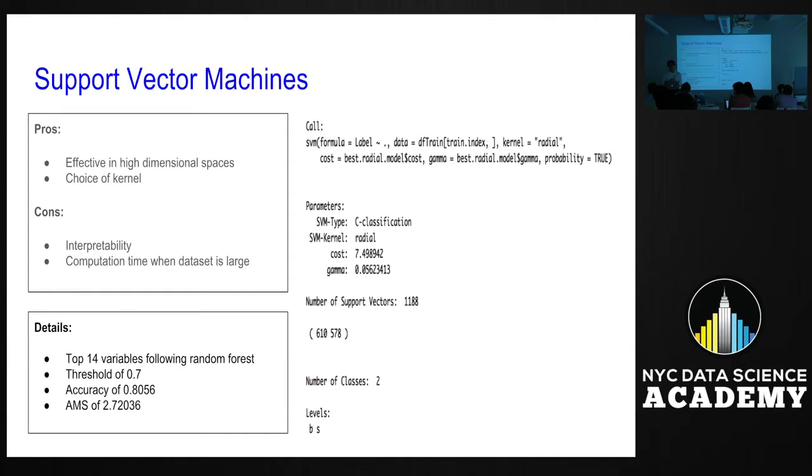So when we ran our SVM on the data set, we tried to incorporate the results from the random forest model, wherein we chose the top 14 variables in terms of significance. And then we also tuned the threshold to 0.7. And we got an accuracy of about 0.81 and a resulting AMS of 2.72.